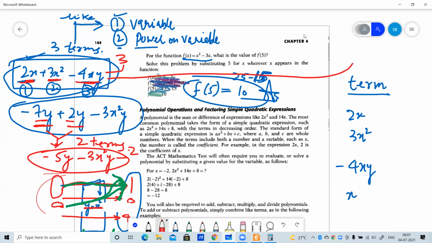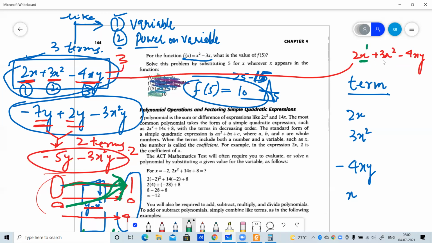Remember, the variables are having the powers as whole numbers. 2x plus 3x squared minus 4xy. Let us analyze the powers on the variables. What is the power for x in 2x? 1.